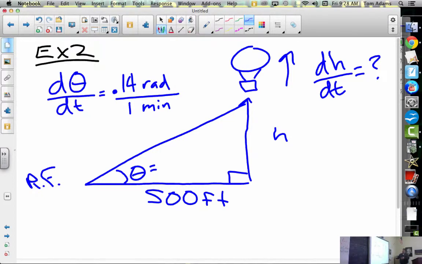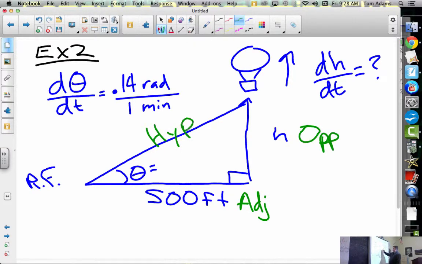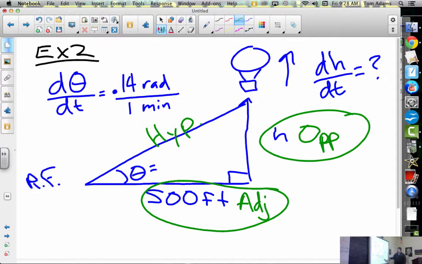So then what we need to do here is find the relationship between theta, h, and the 500 feet. Now, you could probably use any one of your trig functions, but just remember that this is the opposite side, and this is the adjacent side, and this is the hypotenuse. We're looking for the opposite, we're given the adjacent, and we're given theta, which is pi over 4.